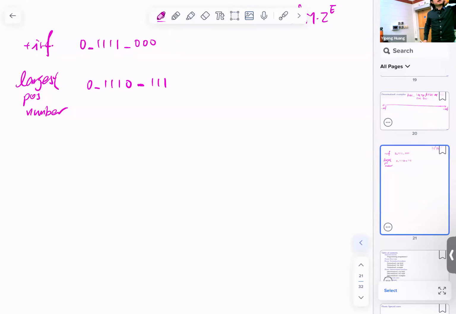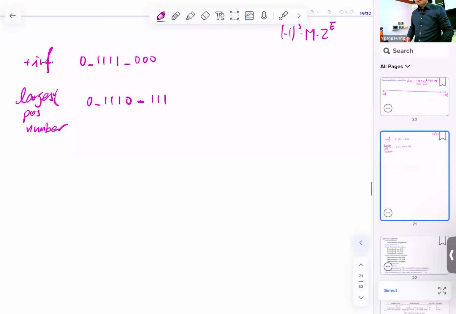How do we interpret what the actual value is? In this number system that I just defined, 8 bits, k equals 4 for the EXP field, 3 bits remaining for the frac field, how do we interpret what this value is?